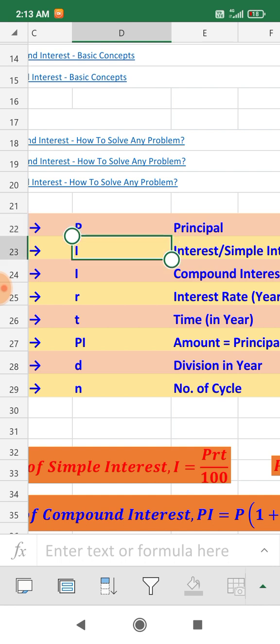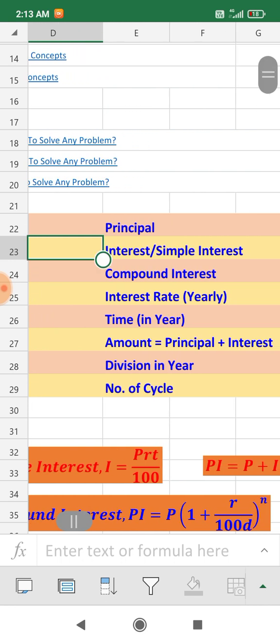I. Here I may be two types of I. Maybe simple interest, maybe compound interest. So in your question, read properly which is mentioned, simple interest or compound interest.